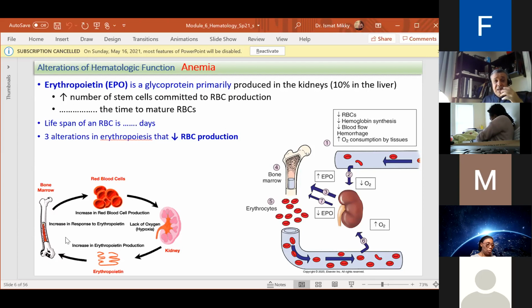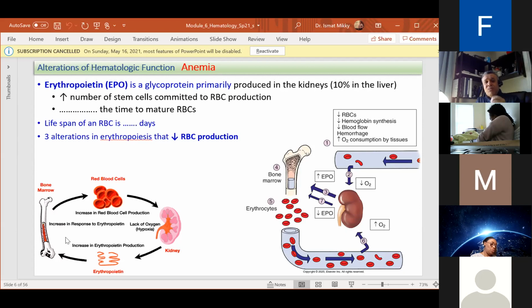Now, EPO. This is a significant slide, a very important piece of information pertaining to anemia, because this explains very well why patients with renal problems, especially chronic kidney disease and end-stage renal disease, patients going for dialysis when they have renal failure, become severely anemic.